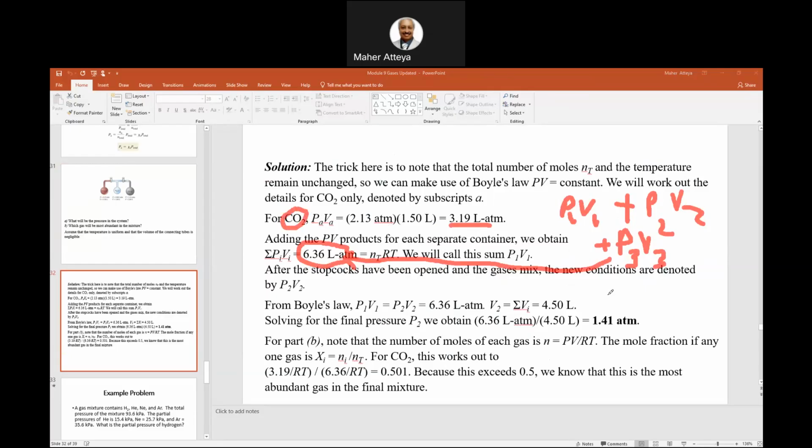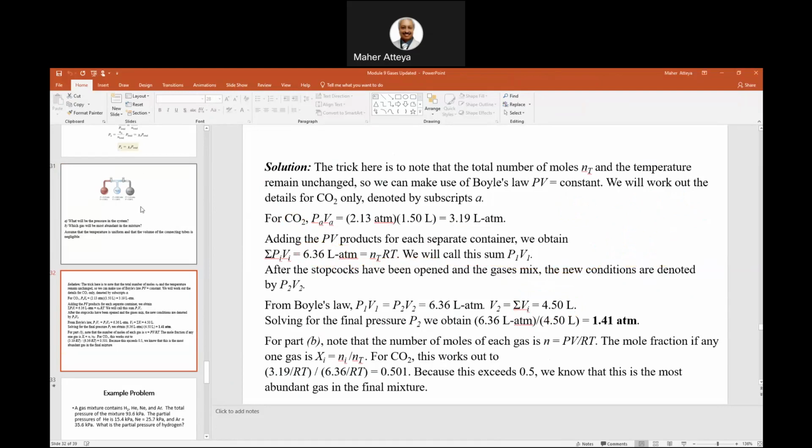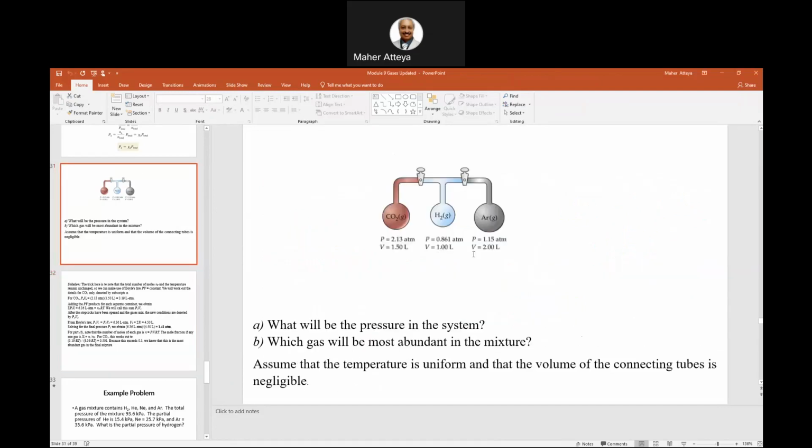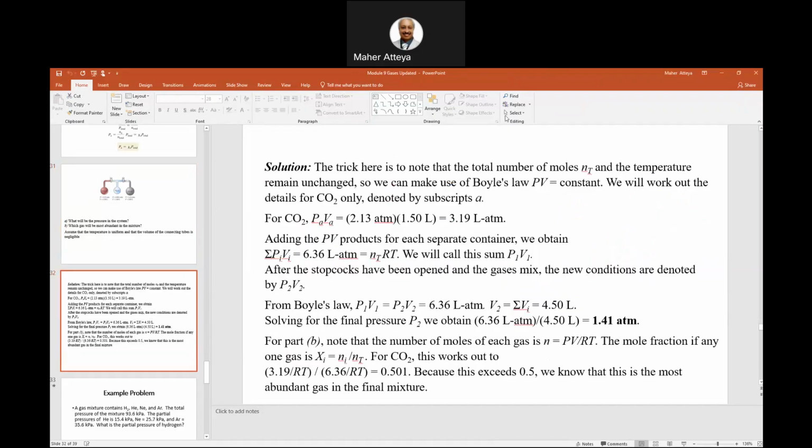After you have opened the gas mixture, the total volume will be 4.5, correct? You add all the volumes here. Let me go up and look. It is 1 plus 2, 3. 3 plus 1 is 4.5. So you can see that 4.5 is the total one. So this is your V2, correct?